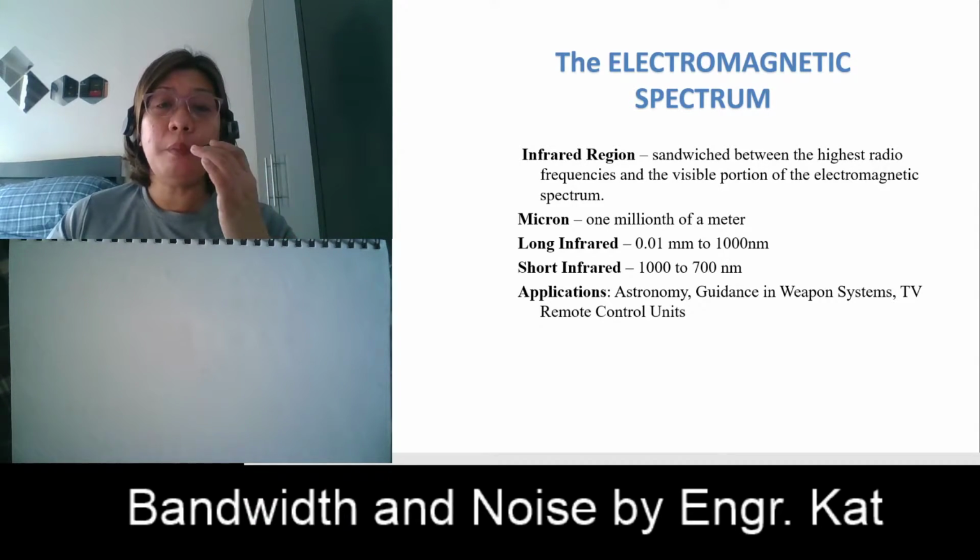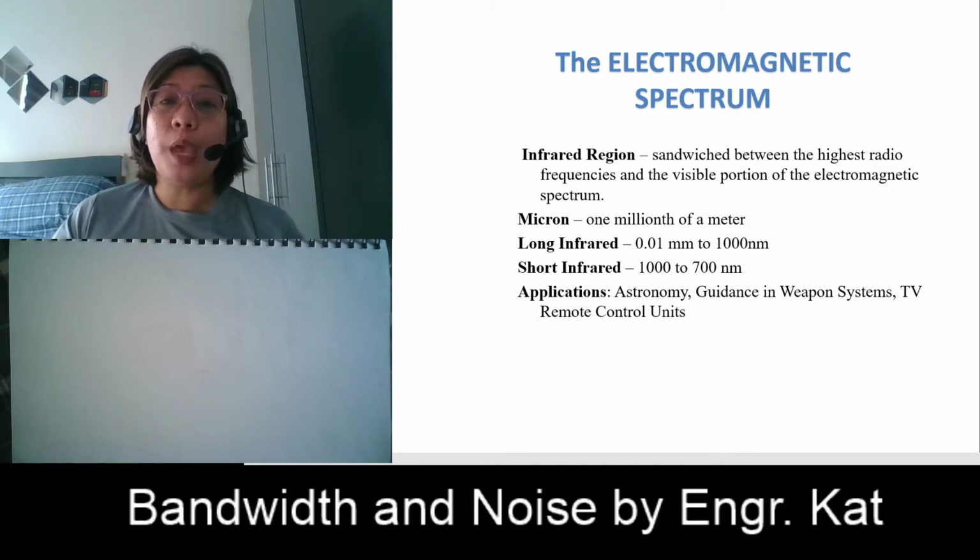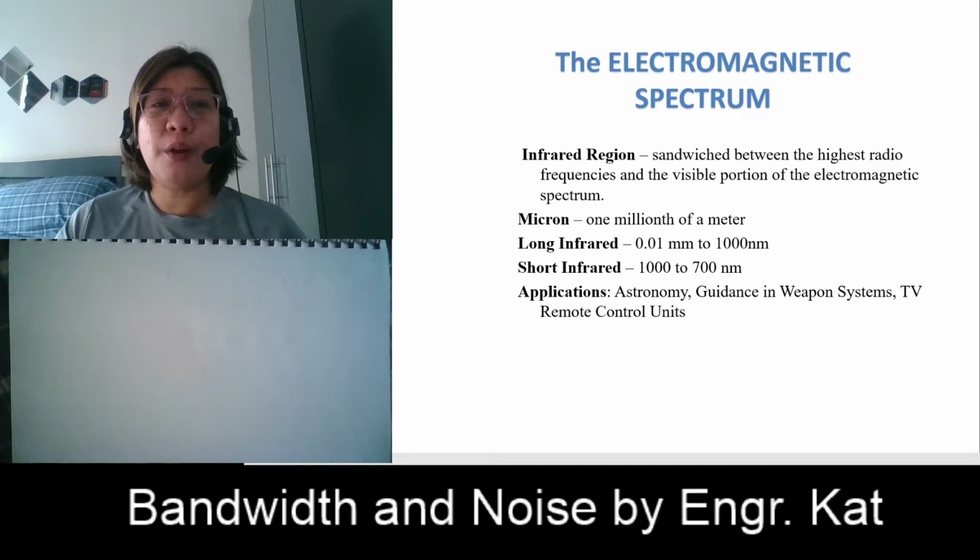Okay, so 1 micron is equivalent to 1 millionth of a meter. So we have here long infrared, so 0.01 millimeter to 1000 nanometer. So they are very, very short waves, okay, wavelengths. So short infrared 1000 to 700 nanometer.